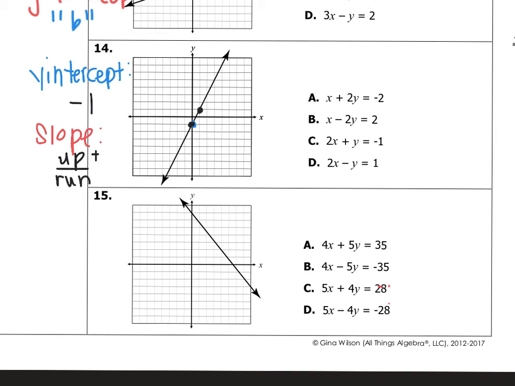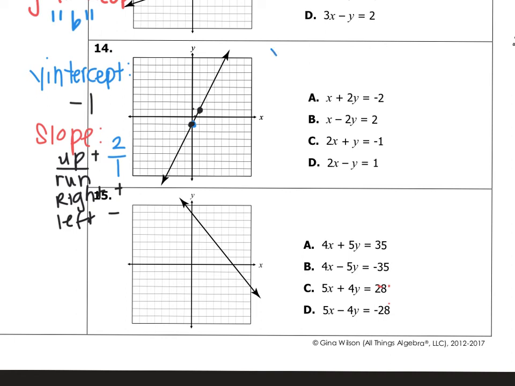Now, running could be two things. If I'm going to run to the right, that means my number needs to be positive. If I'm going to run to the left, that means my number needs to be negative. So in this sense, if I'm going to go up 1, 2, so I run up 2, and I'm going to go right 1, my slope is 2 over 1.